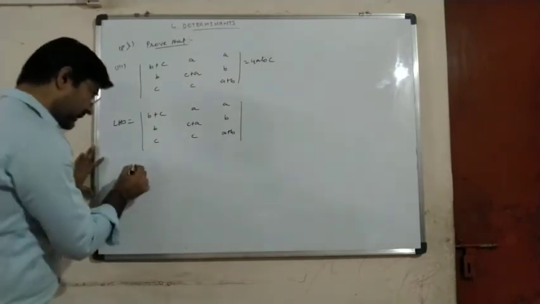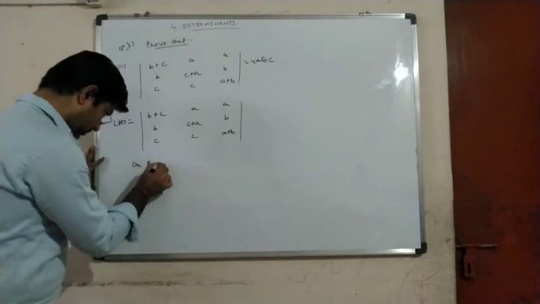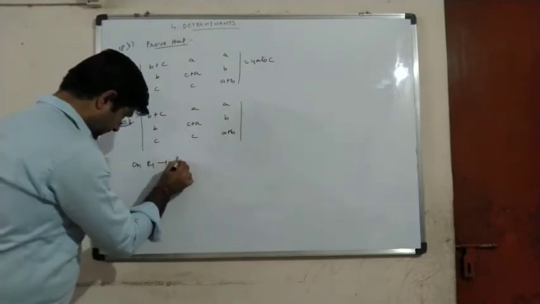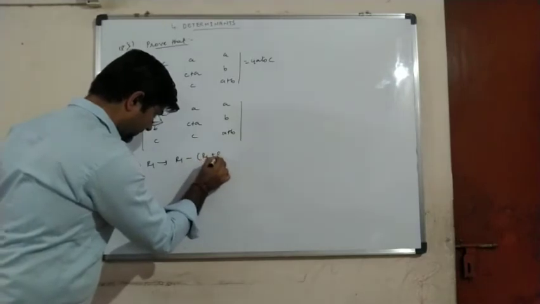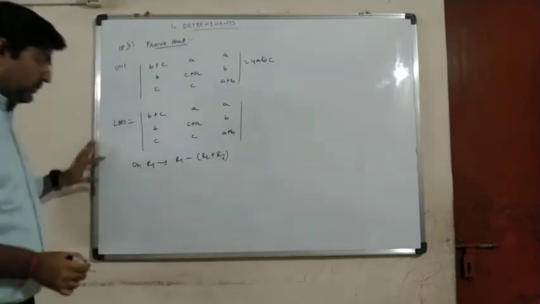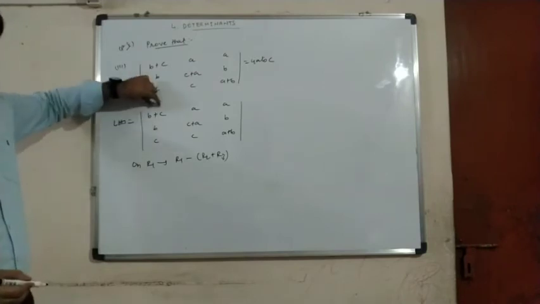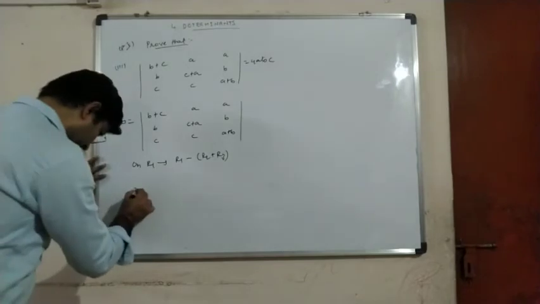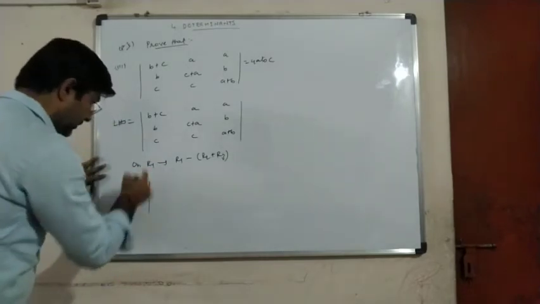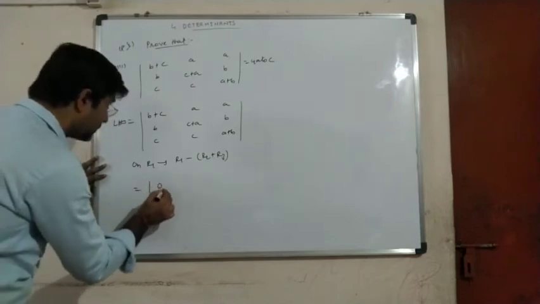Okay, here on the first row let us do R1 minus R2 plus R3. Okay, we will add the 2 so that we get b plus c, and then on subtracting from R1 we will get 0 over here. So R1 minus (R2 plus R3), if you do you get 0.